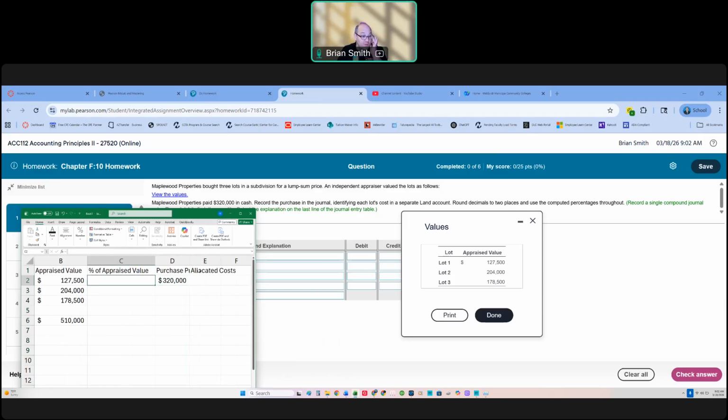Okay, so I've set this up. This one's lot 1, the appraised value. This is our total appraised value. So what we want to do is take whatever the amount was for lot 1 and divide that by the total appraised value here. And for reasons that you don't need to worry about, I'm locking that cell in. What?